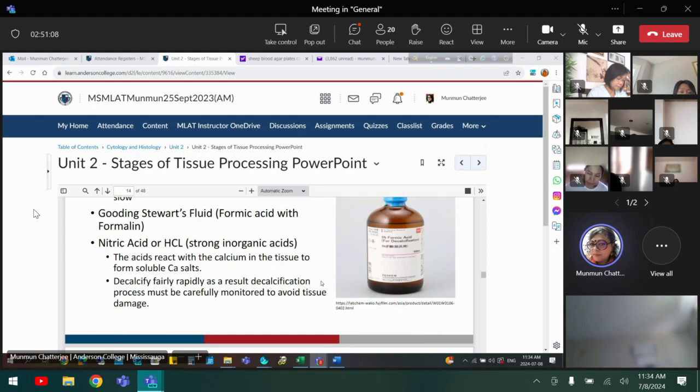So after you properly fix the tissue, if you really need the bone tissue quickly, you can do that, but it has to be very clearly monitored time-wise, because this is a very rapid and very strong acid. So for your decalcification, you need an acid, whether it is formic acid, 25%, or Gooding Stewart's fluid, which is formalin and formic acid, and nitric acid and HCl are very strong.